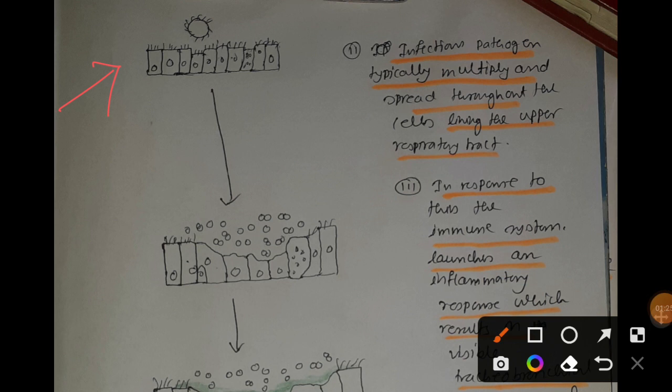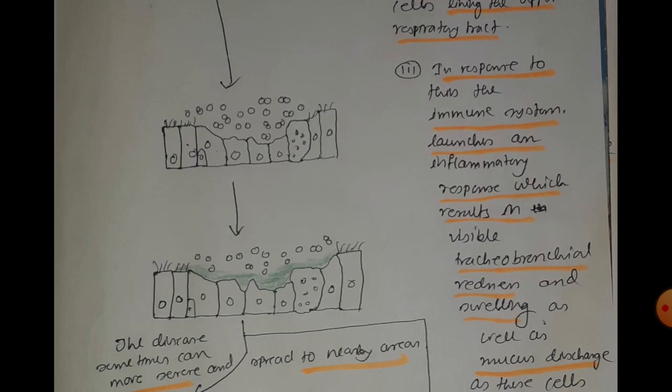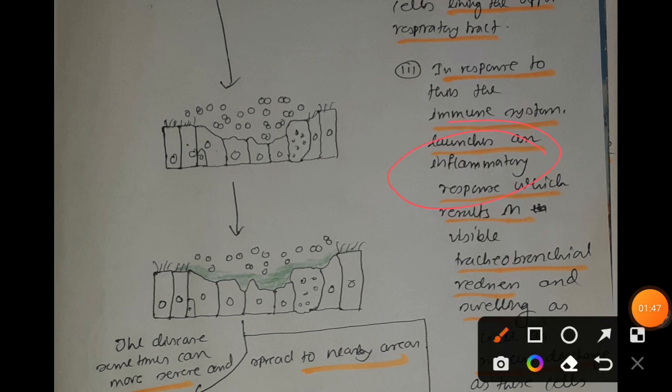As a foreign particle is inside our body, our immune system becomes activated and starts producing an inflammatory response, which results in visible tracheobronchial redness and swelling.